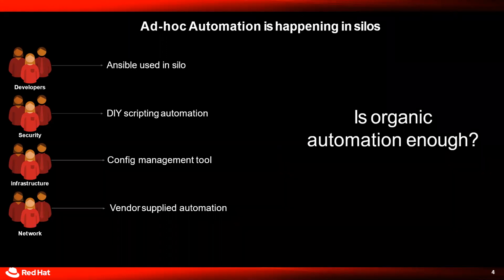Similarly, DevOps, security, and all the various teams in an organization have their own set of ad hoc activities. Rather than ad hoc, I would say it is a repeatable task that they do on a regular basis. So these are the automations that happen in silos.